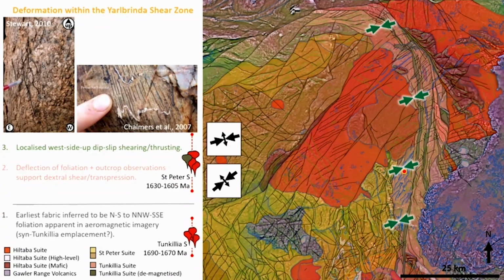We see a localized west-side-up thrusting, suggested by these steeply dipping stretching lineations. This is to the west of the shear zone, whereas to the east we see a continued dextral sense of displacement, evidenced by truncation of this north-south fabric.